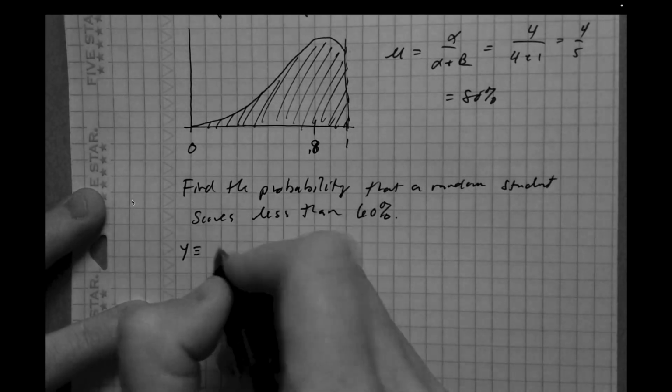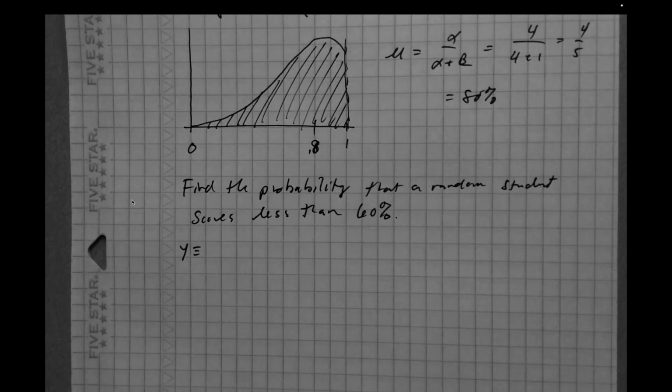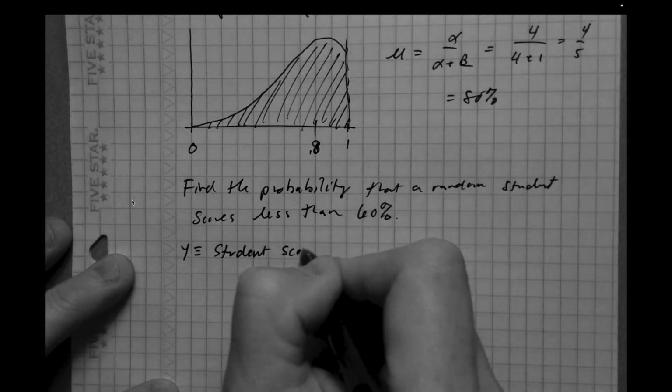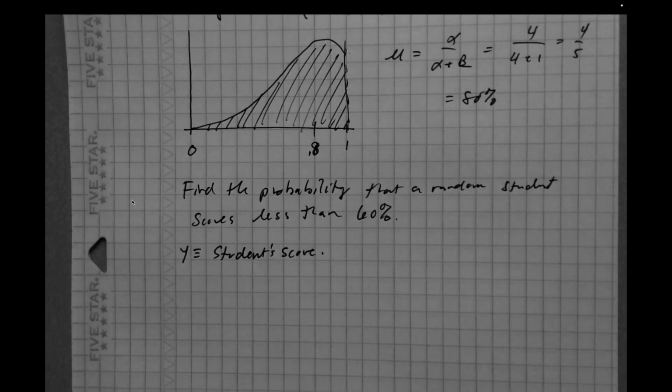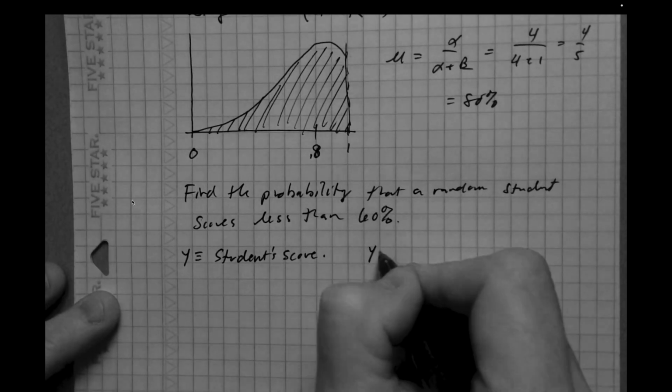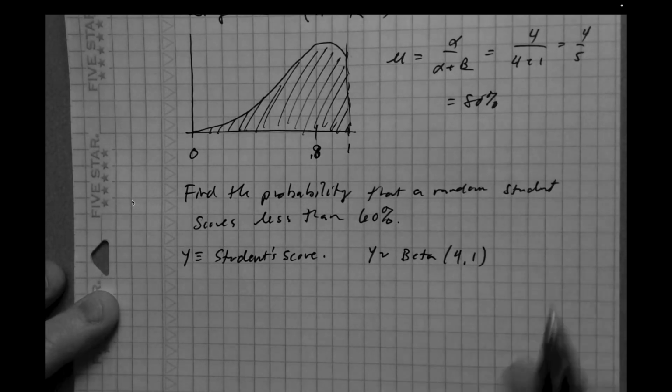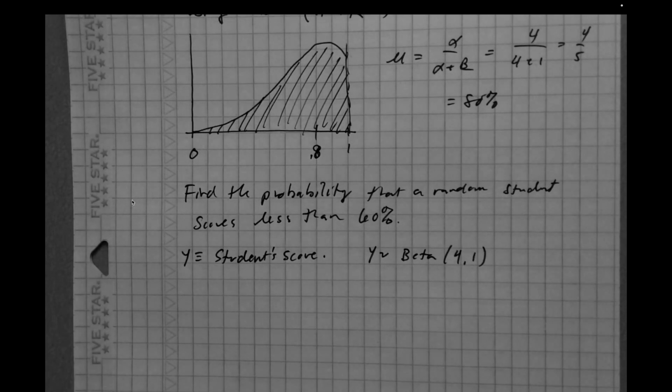So we'll let y be the student score. It's a random variable. And we know that y is beta 4,1, right? That information is given. So what's the PDF look like here?